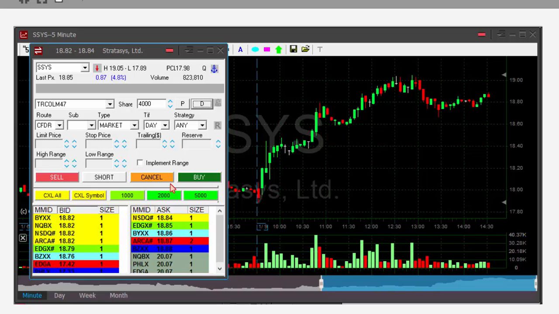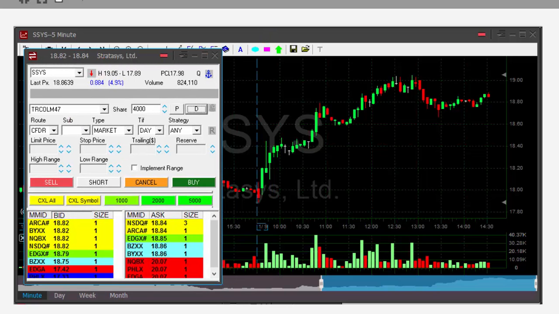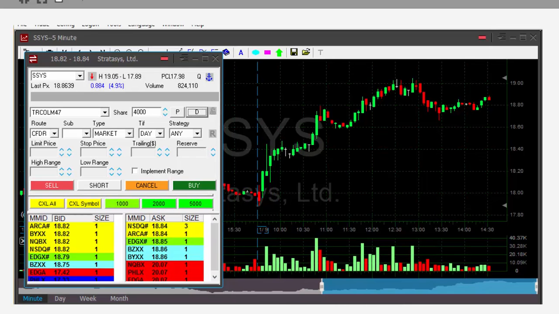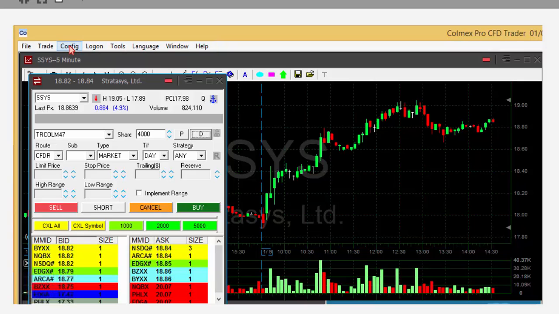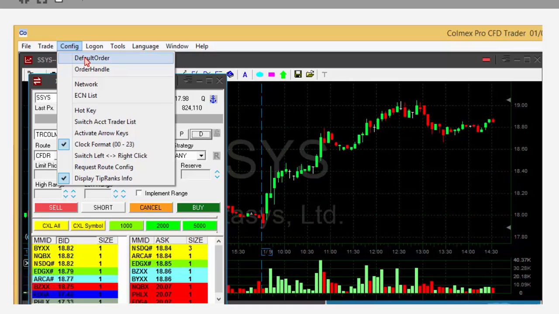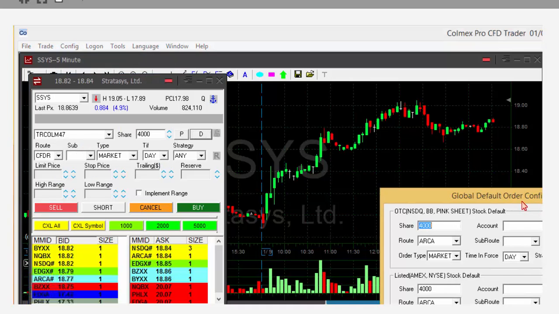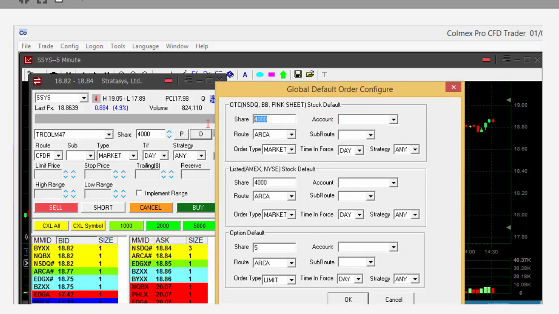Okay, I will go through many of the buttons here and things that you're supposed to be using and how you're supposed to be using them. First, if you need to set up your platform, you need first to set up the default. And excuse me if I'm a little bit rusty on this because I don't do it every day, but I'll manage to do that, no problem. I would go to config and set up default order. And in default order, for you guys right now, I will set it to 400 shares.